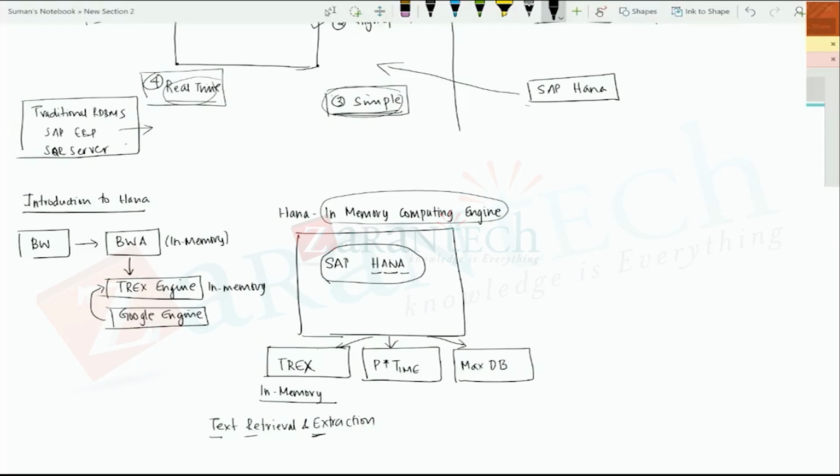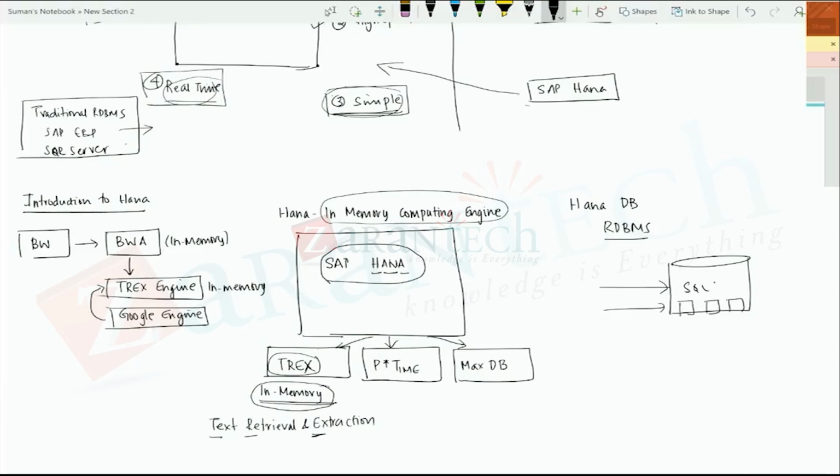Now, we have also heard this terminology that at a very low level, HANA is nothing but a database. You can also say that HANA is an RDBMS, a relational database system. What is a typical relational database like SQL Server or Oracle used for? It is used to get the data from the systems and store it efficiently.